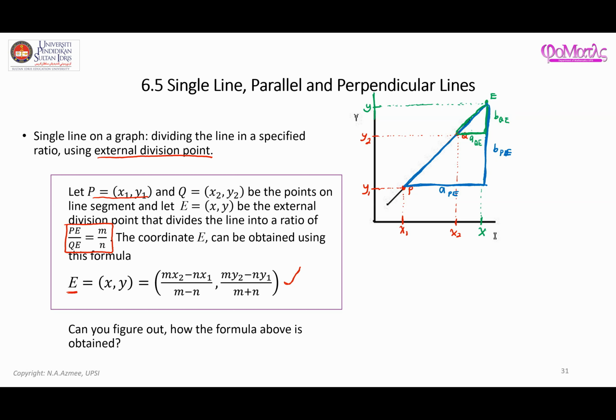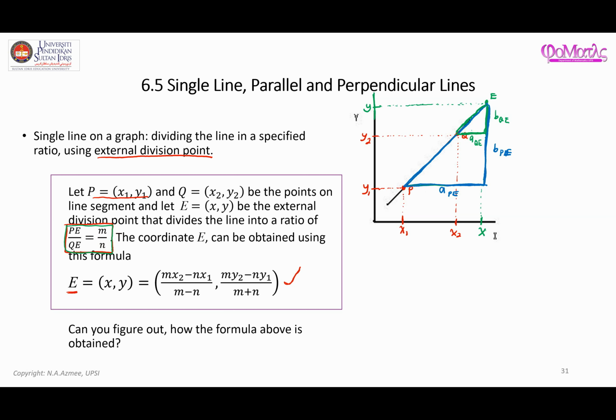Okay, so this is an important mathematical statement which then leads to us having the following equation, where I can say the distance APE over AQE must be in the same ratio as m over n.